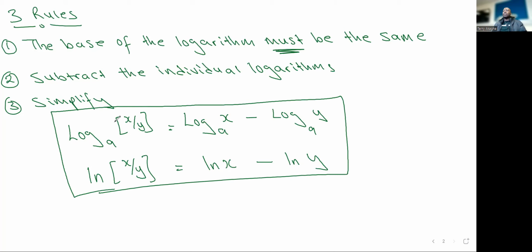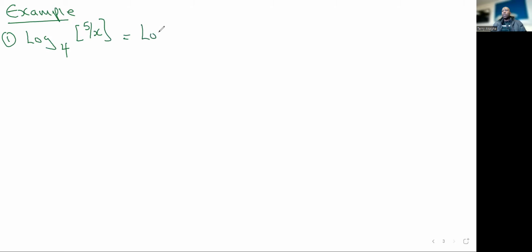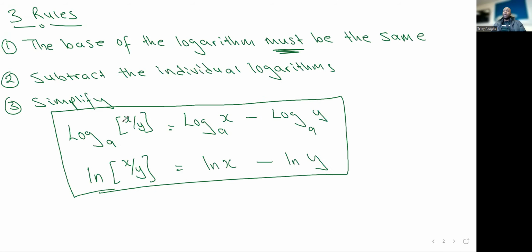All right, so let's pick some examples and see how we do. Number 1, we have log 5 divided by x to base 4. Because we're dividing, you subtract, and they have the same base.